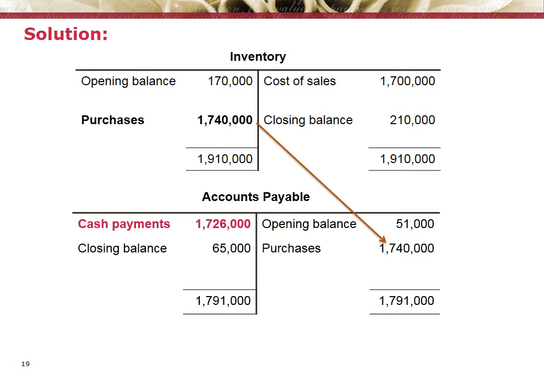This is just the process I'd probably go through. Next, you would calculate the total of the two on the right hand side, so it's normal balance 1.791 million, and we'll put that over here, 1.791 million again, and the difference between the total and the closing balance is $1.726 million. So that would be the cash payments to suppliers. That would be an outflow within the operating activities.